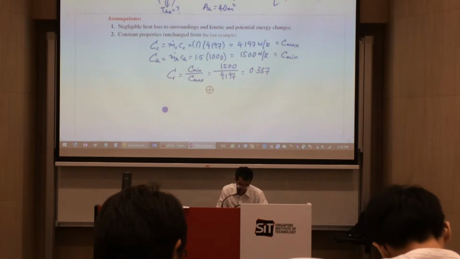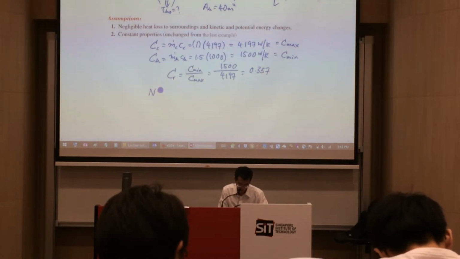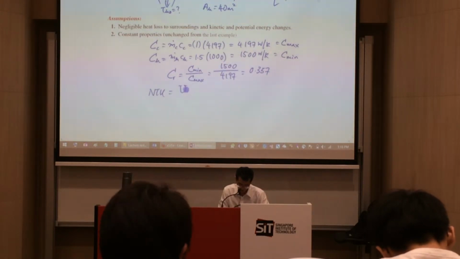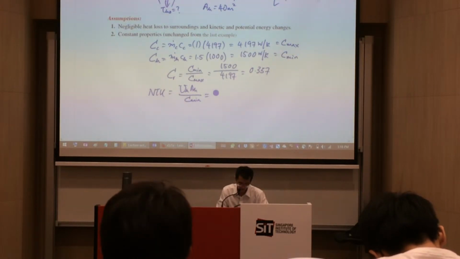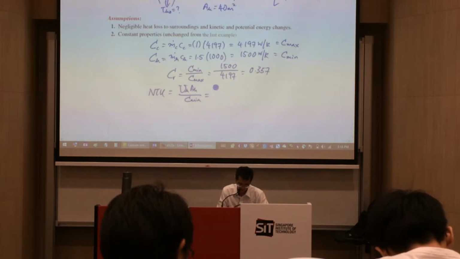So with that, we can start to figure out the number of transfer units, which is UH AH divided by C min. And you have all these variables with you already. This is 100.